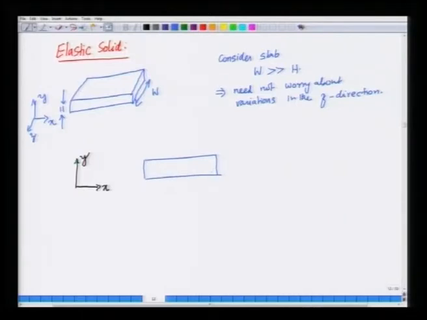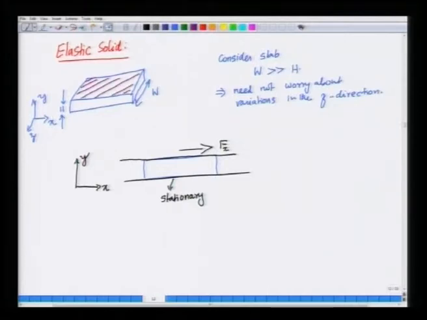And what we did was we imagined that this slab, this piece of elastic material, is kept between two plates. The bottom plate is stationary and to the top plate we apply a force in the x direction, which I will denote as Fx. Let us consider this area of the top surface, which I am going to shade. This force in the x direction acts on the entire area.